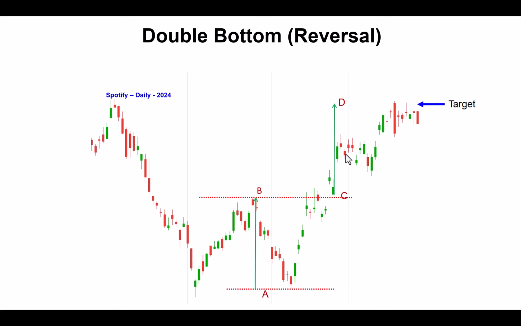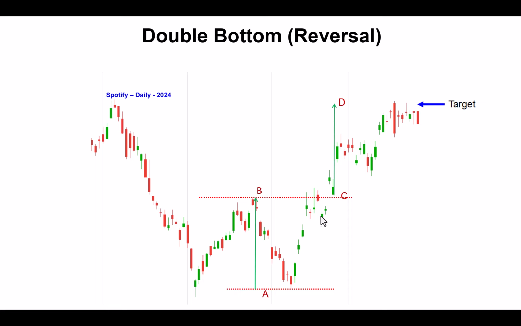If this pattern should have been demolished, well, it should take out the right bottom at A. However, what I would do if it was me, if I bought here after it closes above the horizontal line, after it closes above B, then I will actually place my stop at the last turning point, which is here.